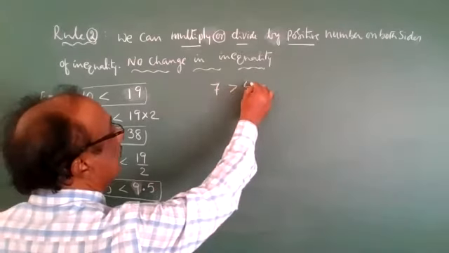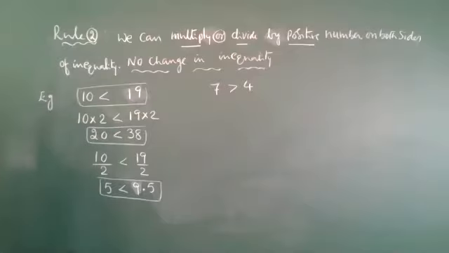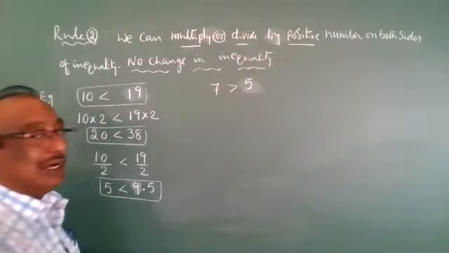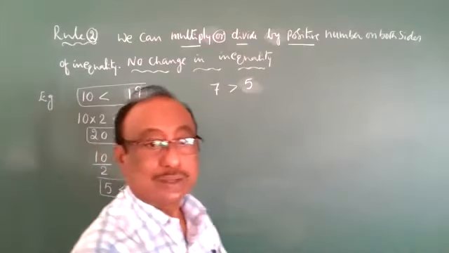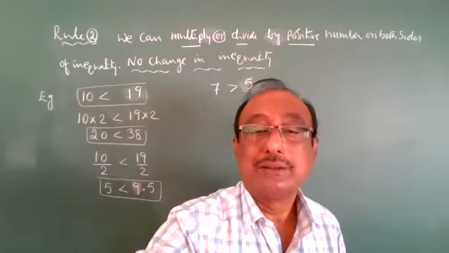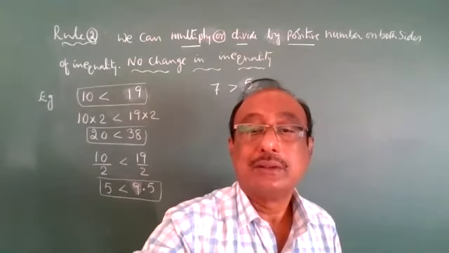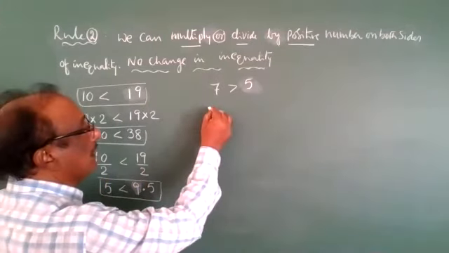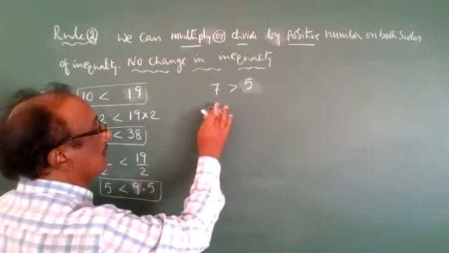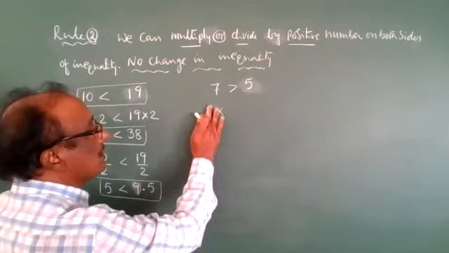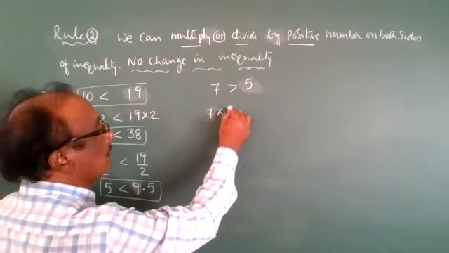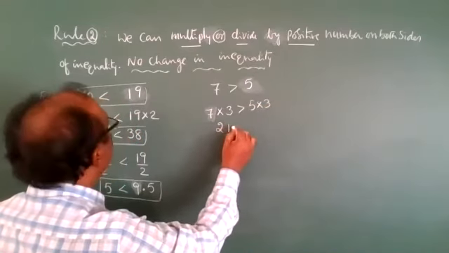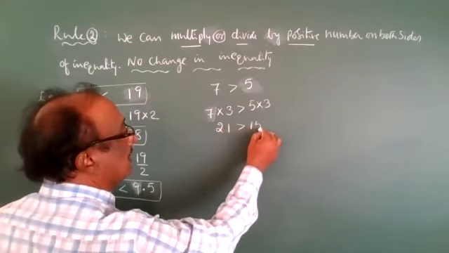Here we take greater than. 7 is greater than 5. I will write 7 is greater than 5. Multiply by any number, I will multiply by 3. 7 into 3, 5 into 3. 21 is greater than 15 is correct.